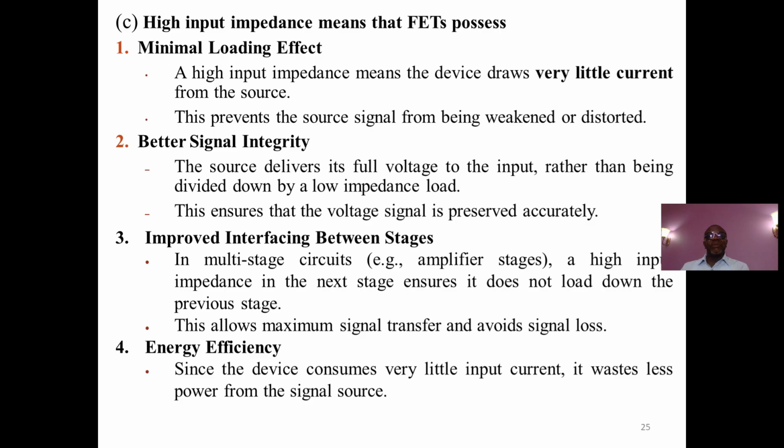Minimal loading effect means that the device draws very little current from the source. This prevents the source signal from being weakened or distorted. Very important that it draws very little current from the source and prevents the source signal from being distorted.